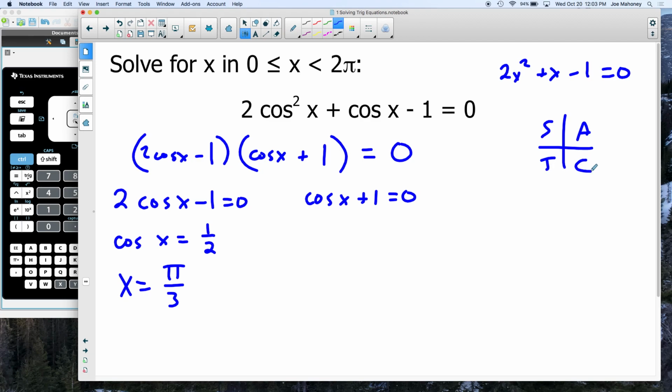Remember that cosine is also positive in quadrant number 4. So the other value of x in quadrant 4 is going to be 360, or 2 pi minus pi over 3. 2 pi is like 6 pi over 3, and if I subtract 1, I get 5 pi over 3.